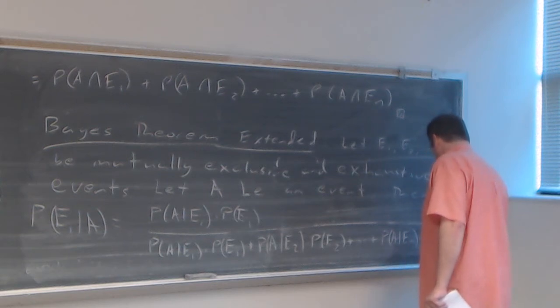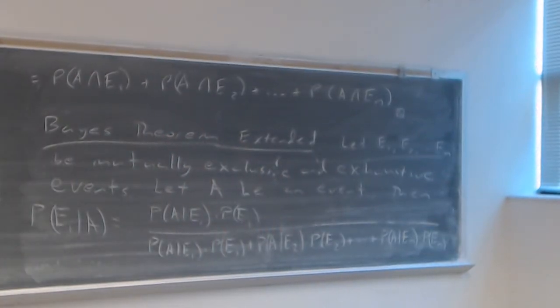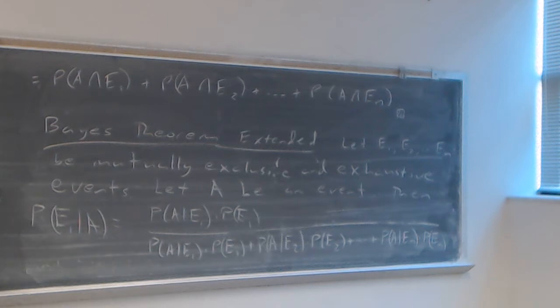Prove this, and then we'll do a short example. Well, it takes a little while to write up, but we'll do an example where we only have 3 events involved.